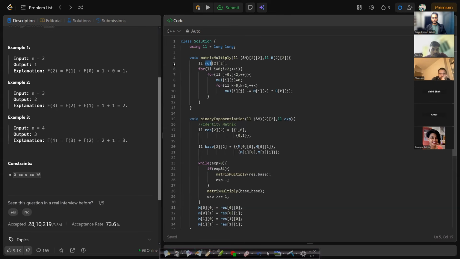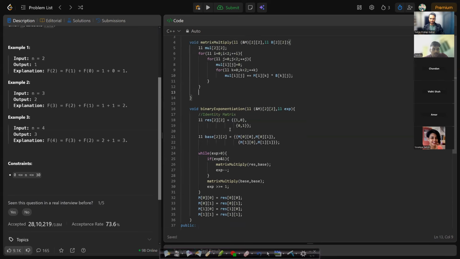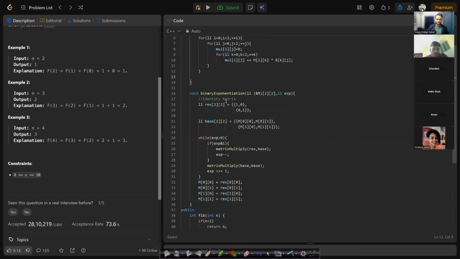Multiplication, line number 5. Now I have to transfer it to M so that it reflects back in the binary exponentiation code, right? So what I have to do is copy it. You can apply the assignment or you can use a for loop. So let's use a for loop.